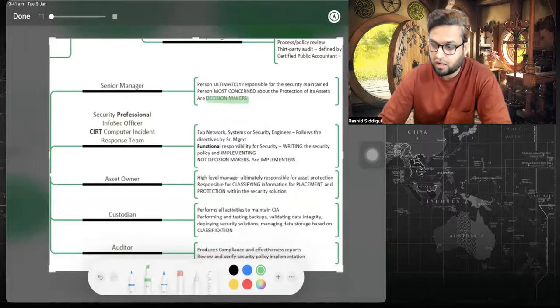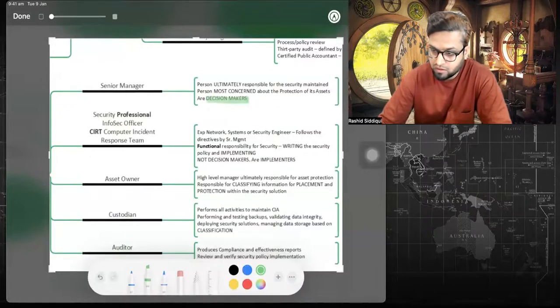But as an overview, think of due diligence as doing all the necessary steps of doing research, doing classification, documentation, and making a structure so that we have proper proof that we have taken all the necessary steps to ensure CIA. And due care is basically execution of those controls, ensuring that those controls are really implemented on the system, right?